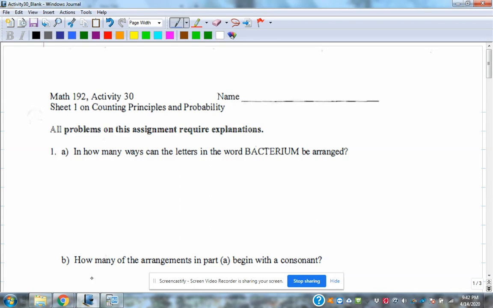The first problem in the activity says, in how many ways can the letters of the word bacterium be arranged? So how many letters are in the word bacterium? 1, 2, 3, 4, 5, 6, 7, 8, 9 letters. And are there any repeated letters? B, A, C, T, E, R, I, U, M. No repeated letters.